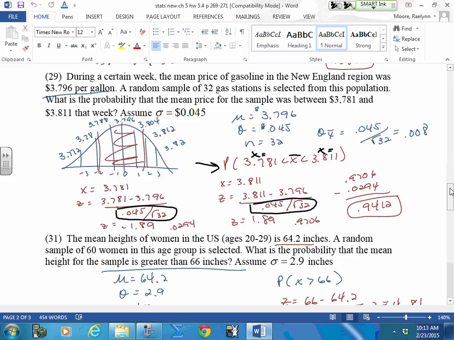And like Mariah said, if you wanted to do this first, take this, and I'd have to go 3 decimal places with that because your original standard deviation goes 3 decimals. Just replace this with 0.008. It makes the problem look not as scary, I guess. Find your z-scores. Notice the z-scores are the same.